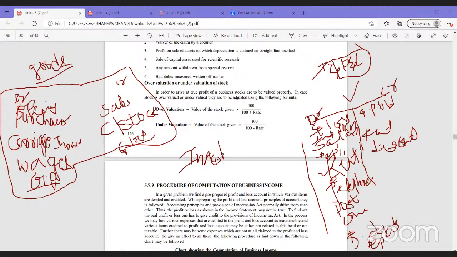For example, advertisement expenses. Is it a business expenditure or not? Yes, it is a business expenditure. But whenever this advertisement is given in any political magazine or political newspaper, then it is an inadmissible expenditure.